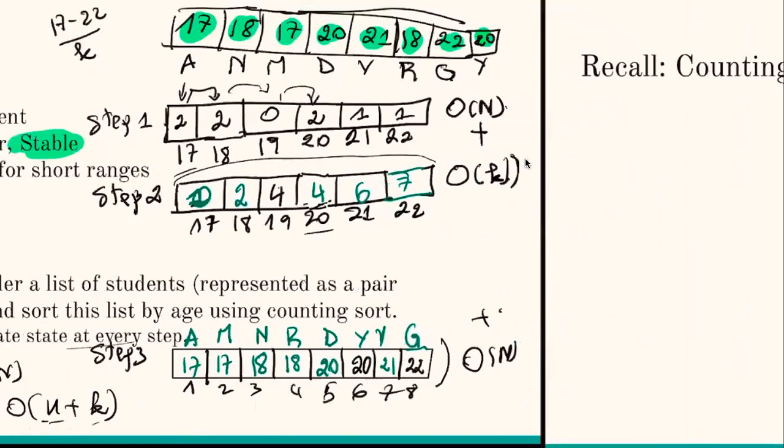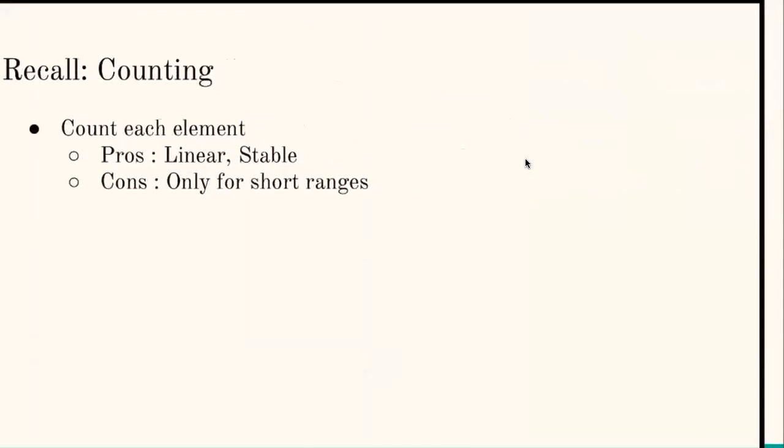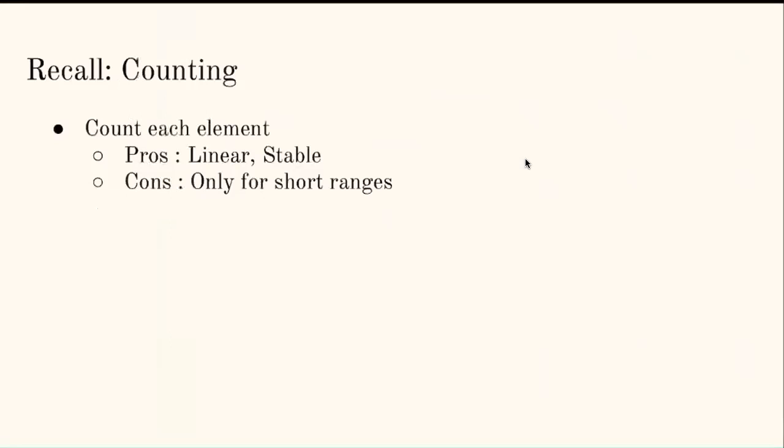Well, so let's move next to Radix Sort. You can see that one important drawback of counting sort is that it's only for short ranges. Imagine that you have the range from 0 to 1 million.